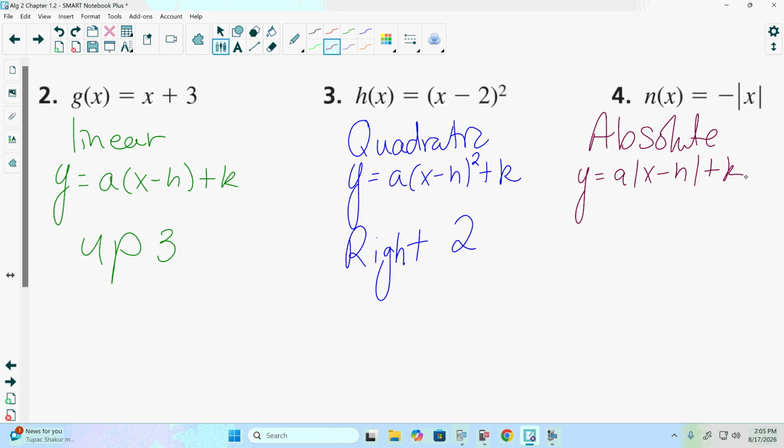What would our transformation be? Because A is negative, so we have a reflection across the x-axis.